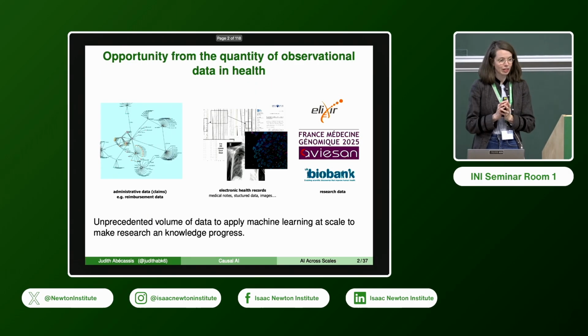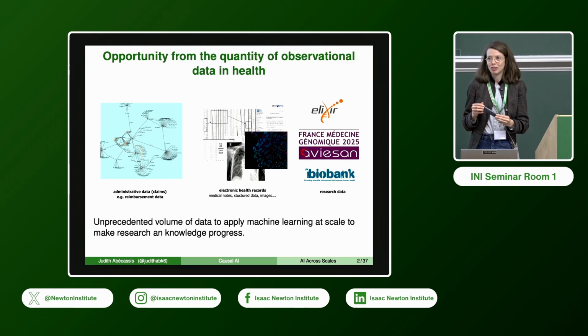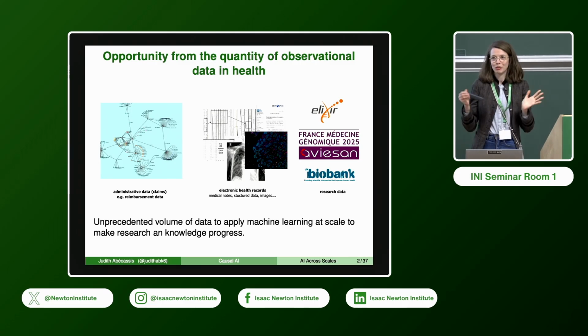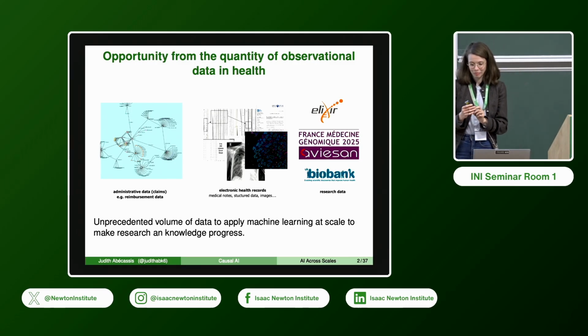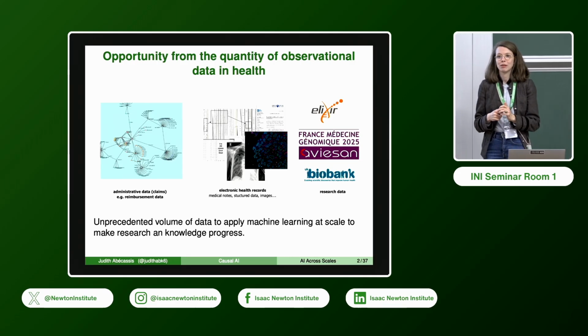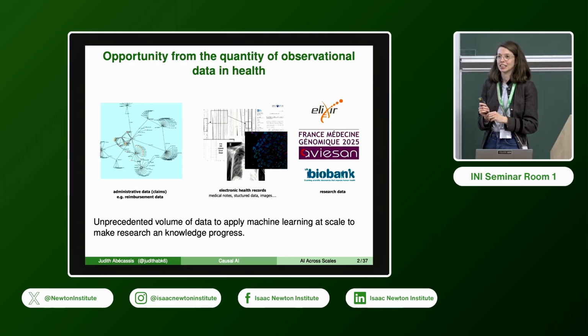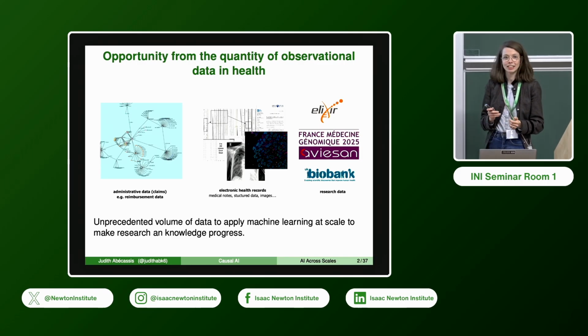Of course, I'm going to explain how much improvement we have seen in AI models. But a real game-changer in biomedical research now is the amount of data that is available, with claims data from insurance and reimbursement tracking all your medical events.